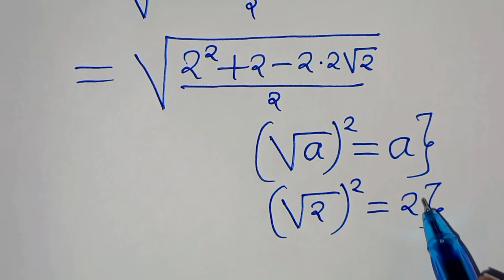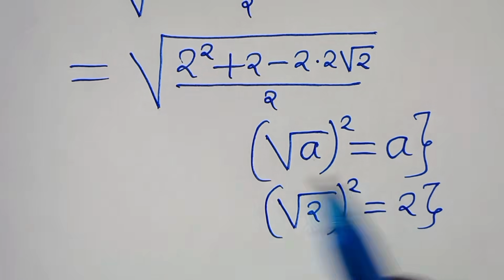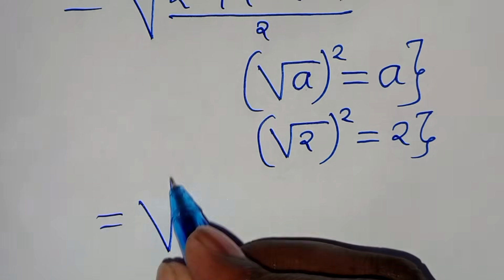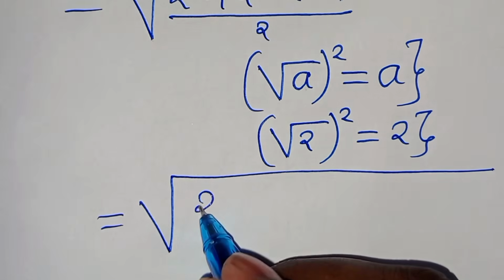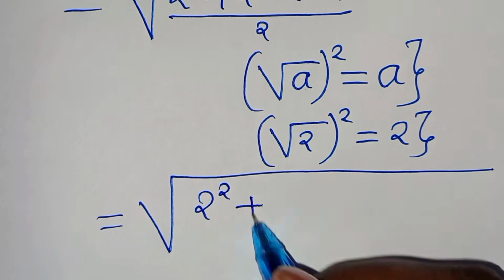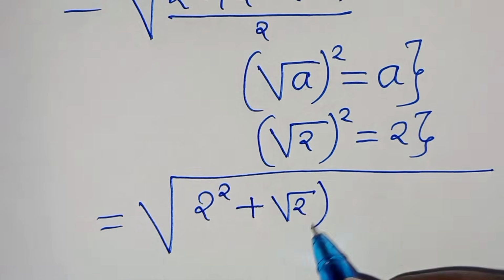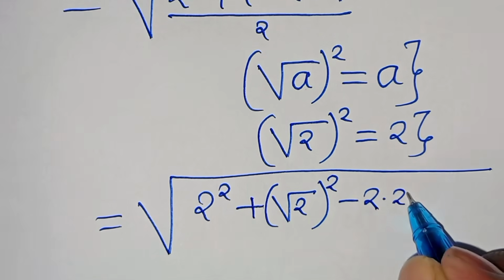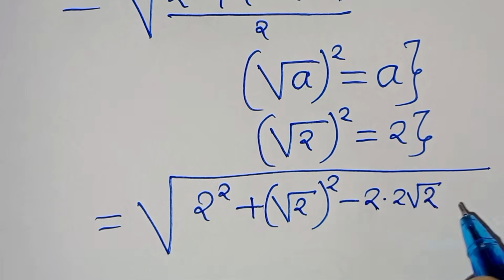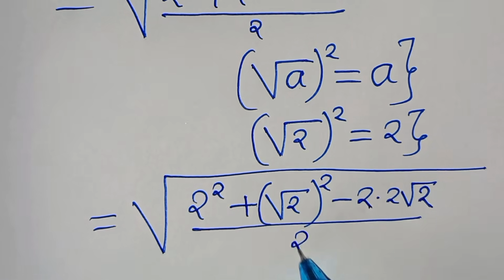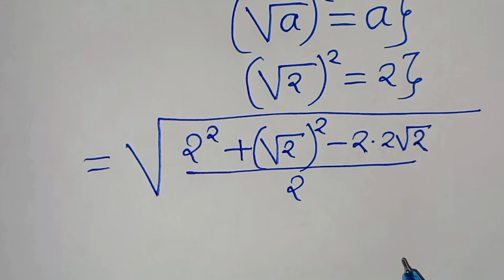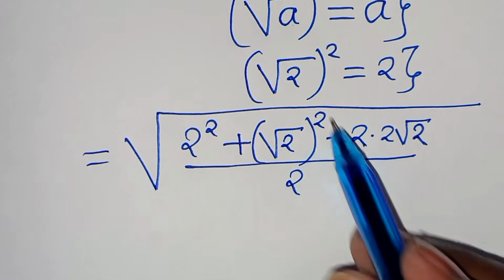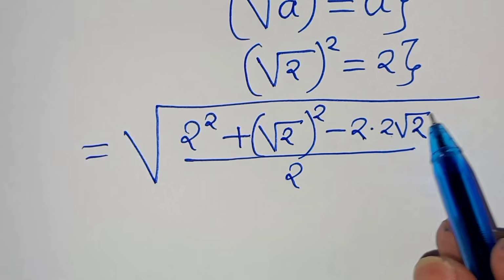So let's substitute 2 with square root of 2 to the power of 2 here, so that now this is the same thing as the square root of 2 to the power of 2, then plus square root of 2 raised to the power of 2 minus 2 times 2 square root of 2, then divided by 2. So we have that 2 to the power of 2 plus square root of 2 to the power of 2 minus 2 times 2 square root of 2.